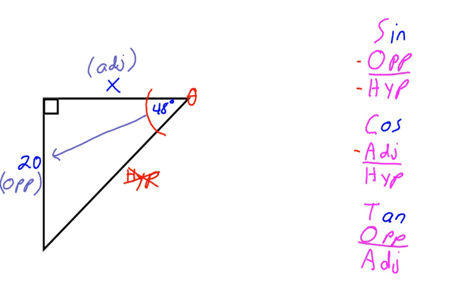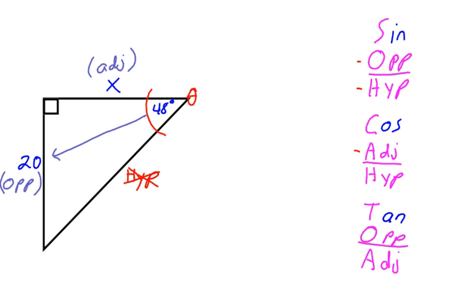So I have three options to choose from. I can choose the sine function, the cosine function, or the tangent function. The one that I'm going to use in each problem is given by the two sides that we're dealing with. In this problem, we're dealing with the opposite side and the adjacent side. Sine uses opposite and hypotenuse.